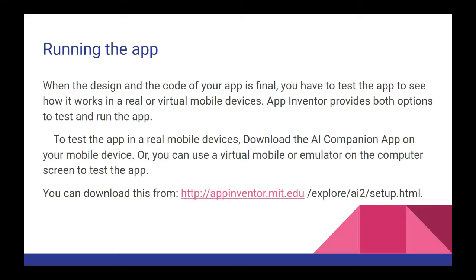If you want to check it on your mobile device, you have to download the AI companion app. If it is more comfortable to test on your computer screen, that's fine. You can download this from the link which is given here.